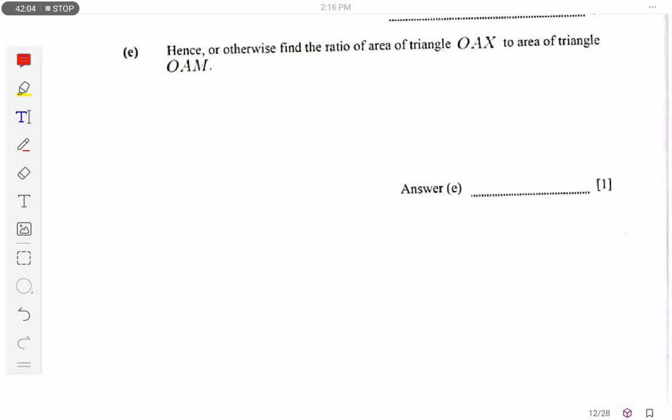Hence or otherwise, find the ratio of the triangles OAX over OAM. Let's see. I'm going to use the formula.